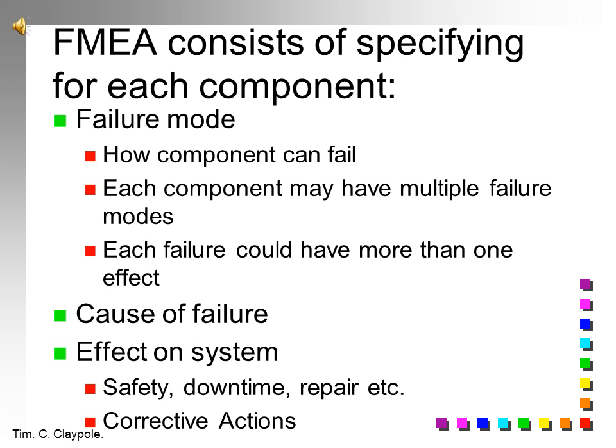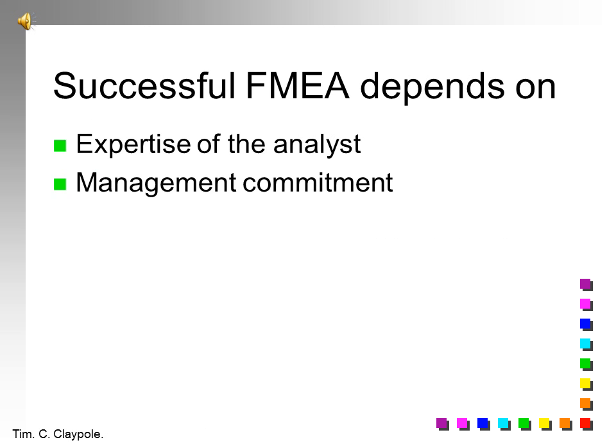Having done that, you then look at what needs to be done to reduce the effect or reduce the risk. Because it's an analytically based technique, the success of FMEA depends on the expertise of the analyst. It also depends on the management commitment to actually implement what the analyst decides.